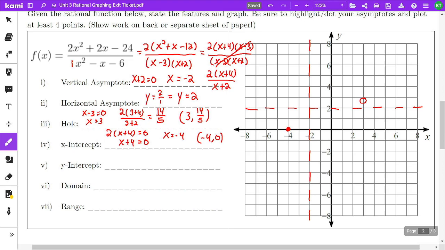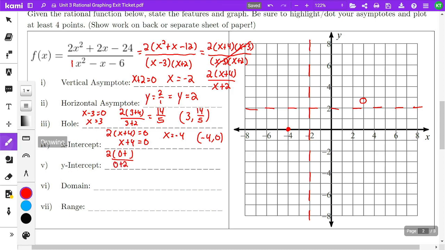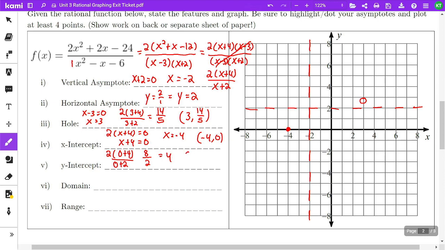And then my y-intercept, that is when I plug in 0 for x. So I'll have 2 times 0 plus 4 divided by 0 plus 2. 2 times 4, because 0 plus 4 is 4, is going to be 8. And then 8 divided by 2 is 4. So I'll have my y-intercept at 0 comma 4.